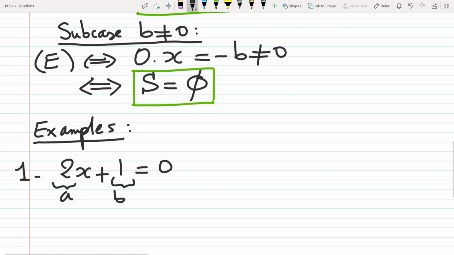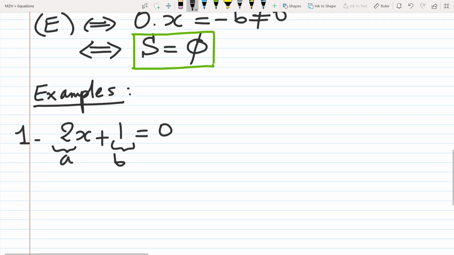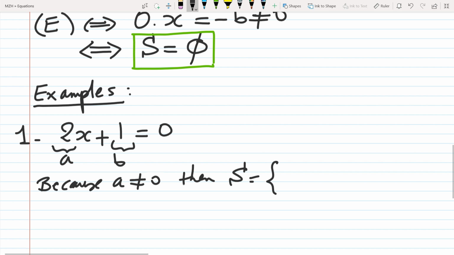So if we know the rule, we can write it immediately and say, because A is different from 0, our set of solutions will have one element, which is minus b, which is minus 1 over a, and that's it.